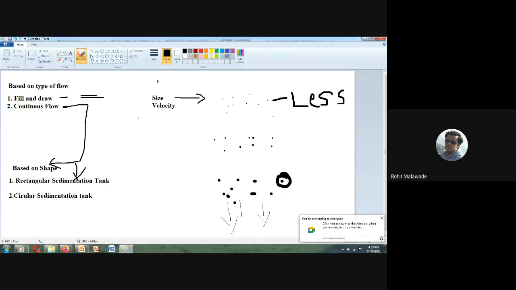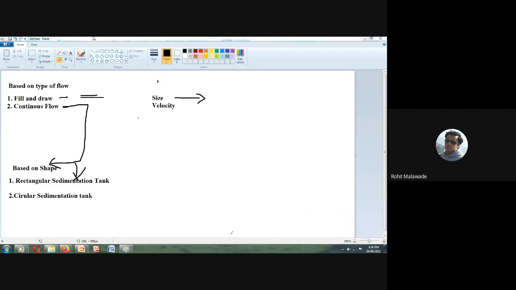Now, with regard to velocity, we will take the condition of velocity. What will happen if this is the pipe and the water is coming with full force?